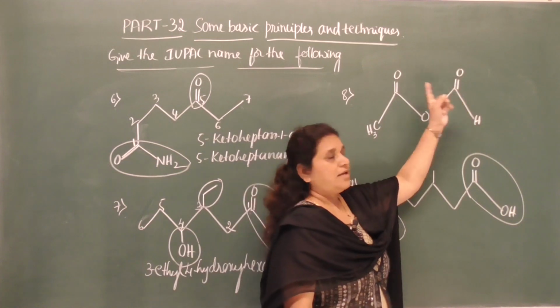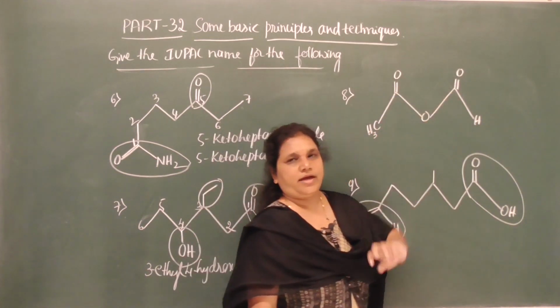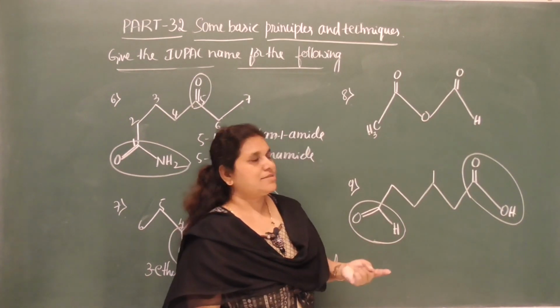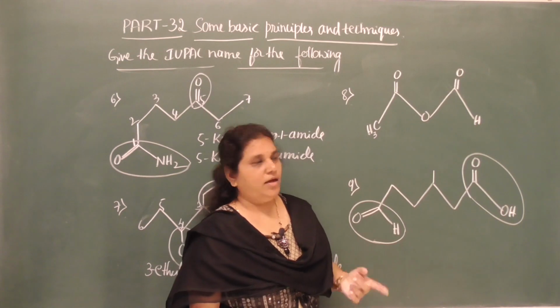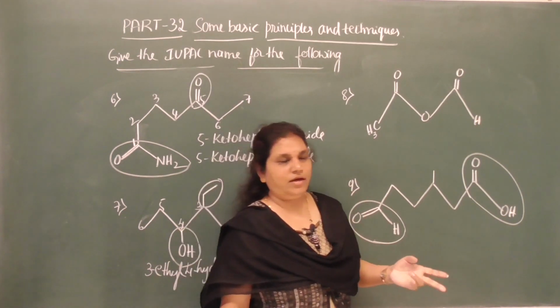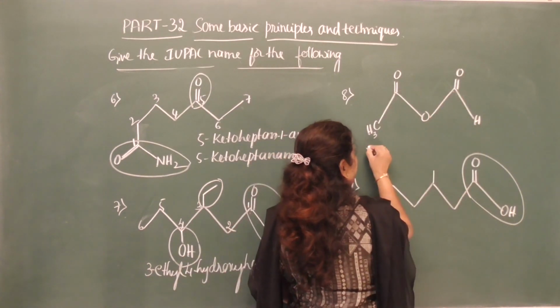So it is an anhydride of ethanoic and methanoic acid. When an acid contains only one carbon, it is methanoic. If an acid contains two carbon atoms, then it is called ethanoic. Therefore, the name of this is ethanoic methanoic anhydride.